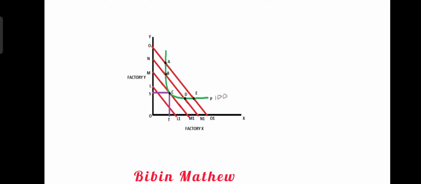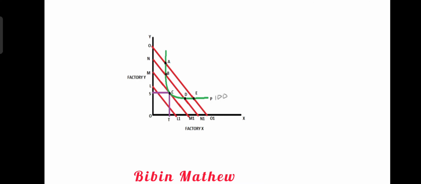The cost of producing 100 units on MM1 is less than the cost on the isocost lines NN1 and OO1. So he would always want to be at MM1, because it gives him a lower cost of production for the same level of output. A rational producer will always try to be at the combination C.